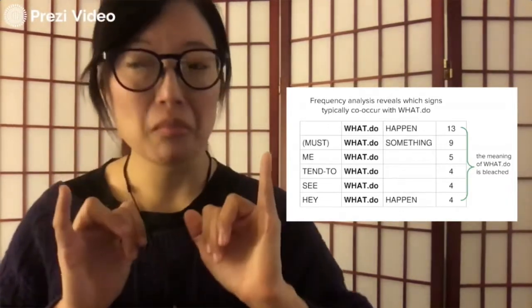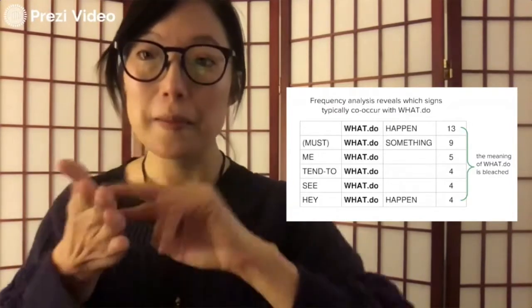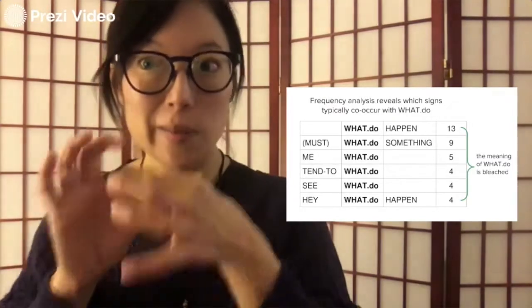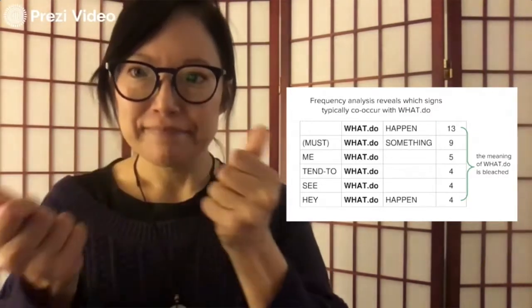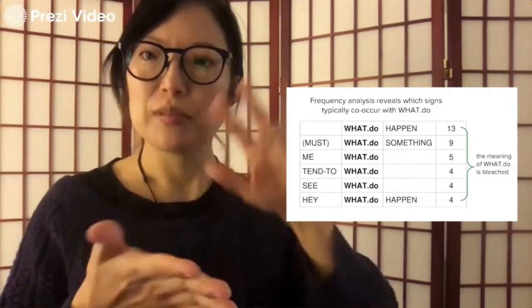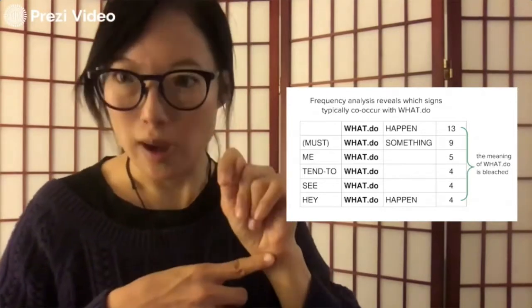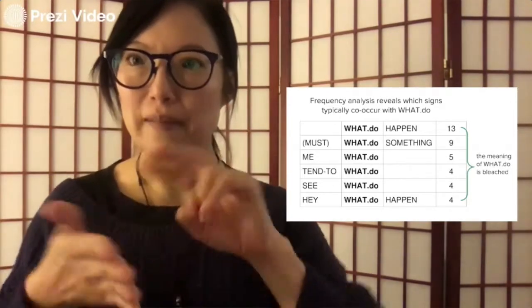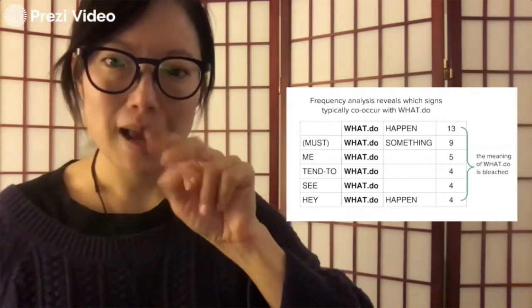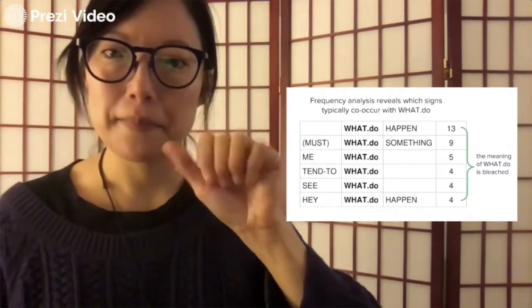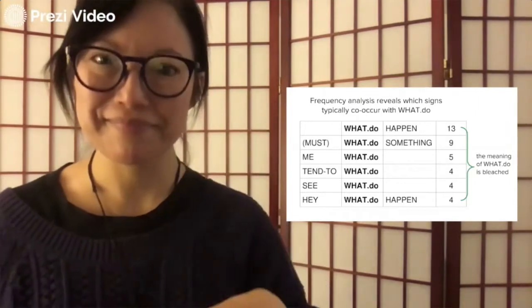Thus, the meaning of what do related to the action of doing something. It has changed or faded, and its meaning takes on a more abstract meaning, which is a process known as semantic bleaching.